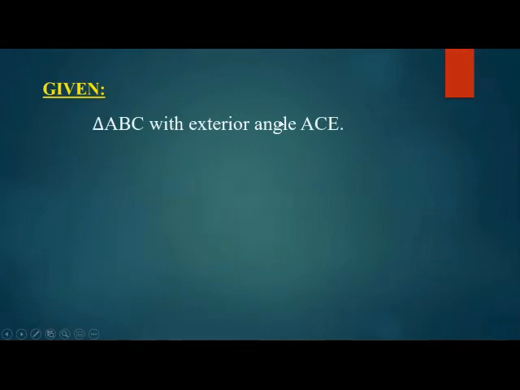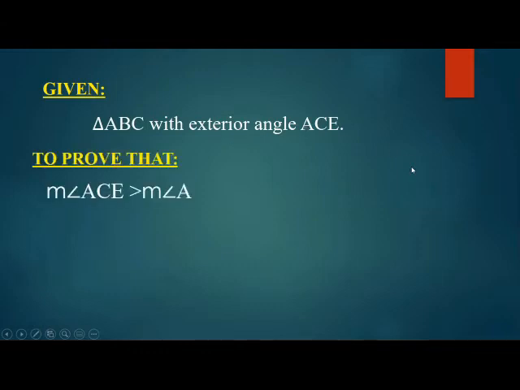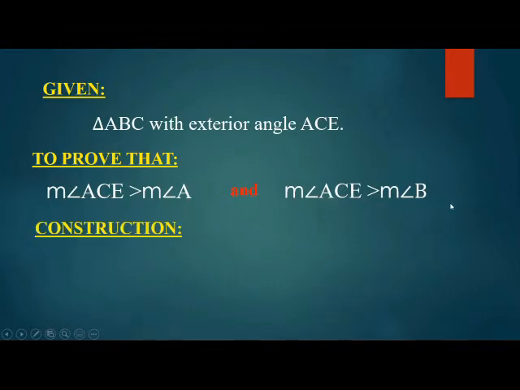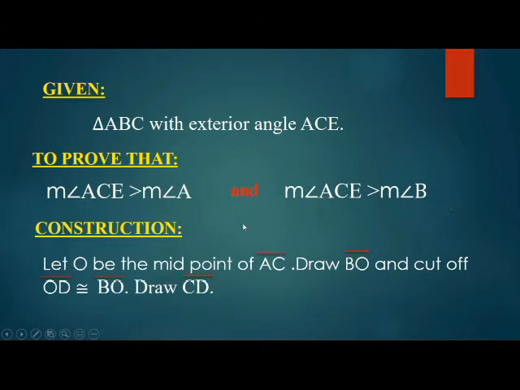So what was given? The given thing was that there is a triangle ABC and there is an exterior angle, which is ACE. What we have to prove is that the exterior angle ACE is greater in measurement than the measurement of angle A. Also, the measurement of angle ACE is greater than the measurement of angle B. What have we constructed?